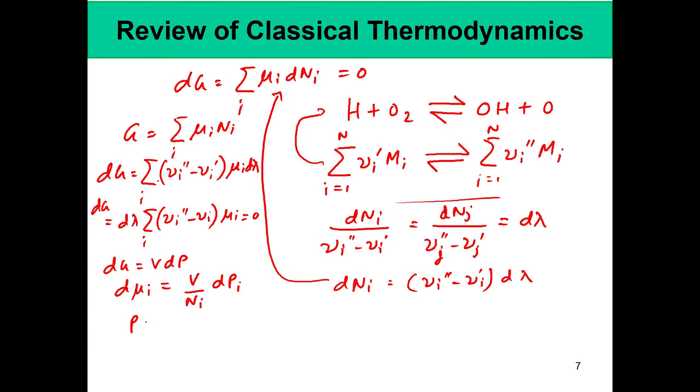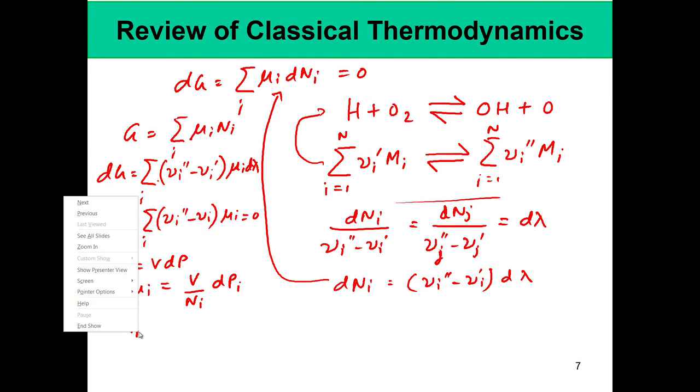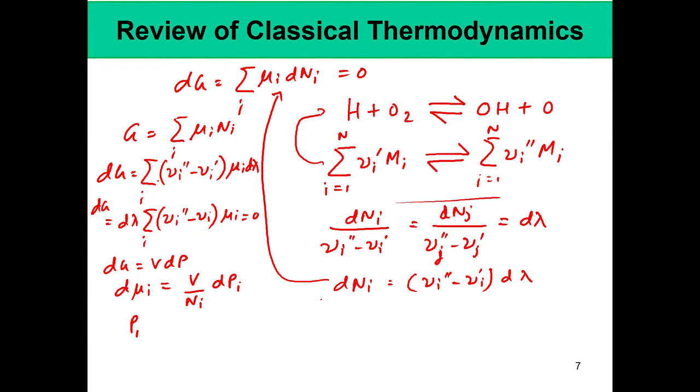Now, for an ideal gas we know that Pi V, where Pi is the partial pressure of the gas, is equal to Ni times RT. So, V by Ni is equal to RT by Pi.